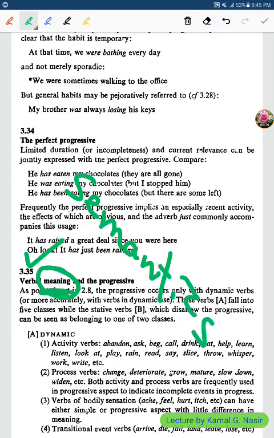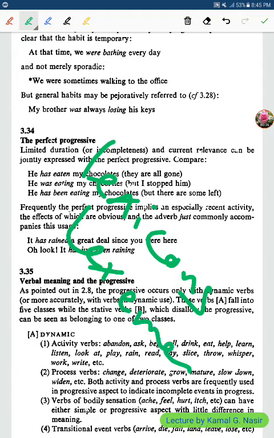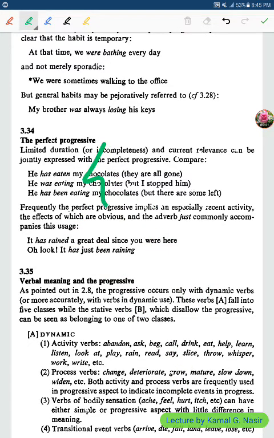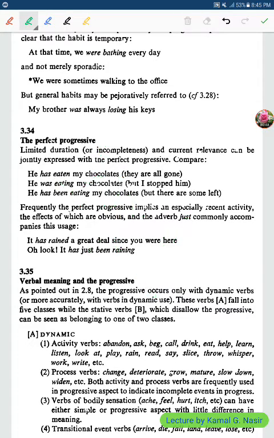Semantics is related to the meaning of lexicons or lexemes, or let us say words in the dictionary. Now we are dealing with the different meanings of verbs. And what is the relation of these different meanings to the progressive?